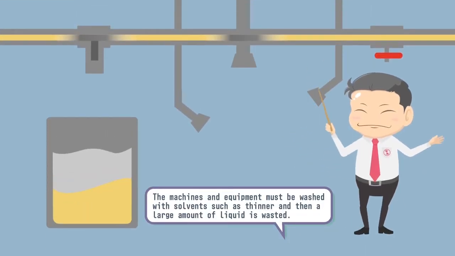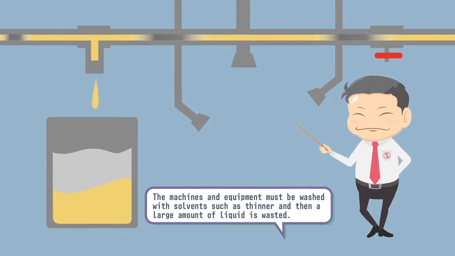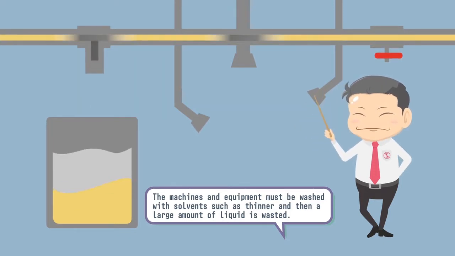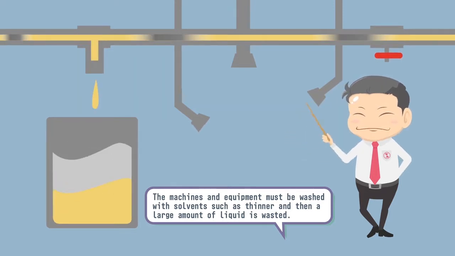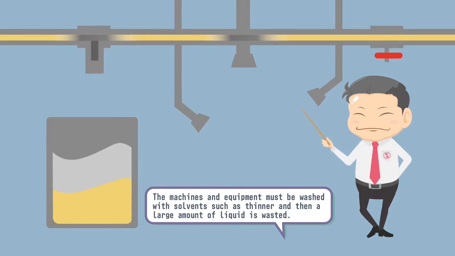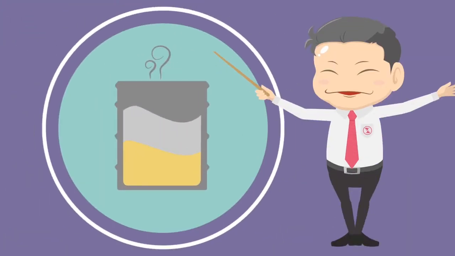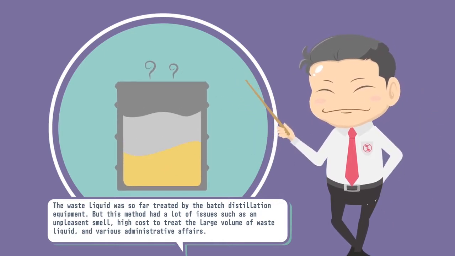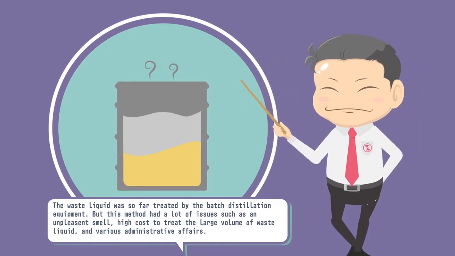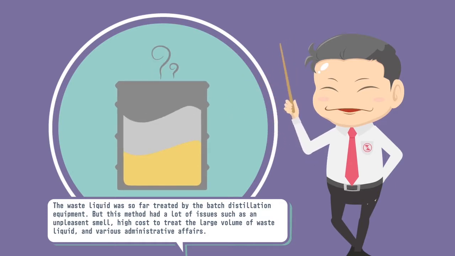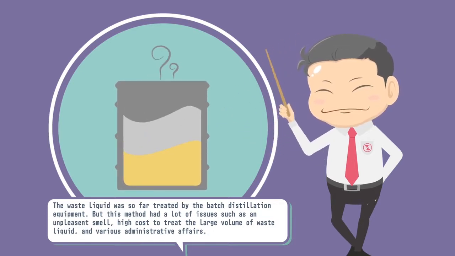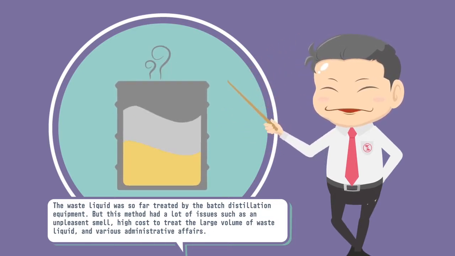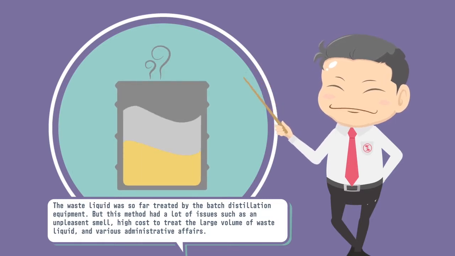The machines and equipment must be washed with solvents such as a thinner, and then a large amount of liquid is wasted. The waste liquid was so far treated by the batch distillation equipment. But this method had a lot of issues such as an unpleasant smell, high cost to treat the large volume of waste liquid, and various administrative affairs.